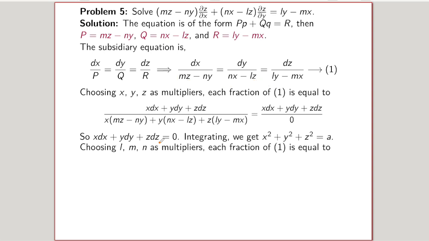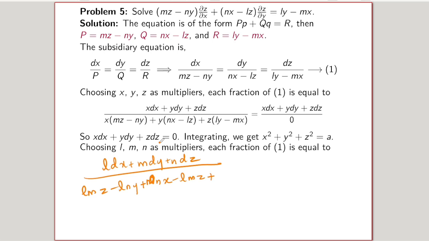So choosing l, m, n as multipliers, each fraction will be equal to l dx plus m dy plus n dz divided by, so I can write it is lmz minus lny plus lnx, I mean it is plus mnx minus lmz plus lny minus mnx.